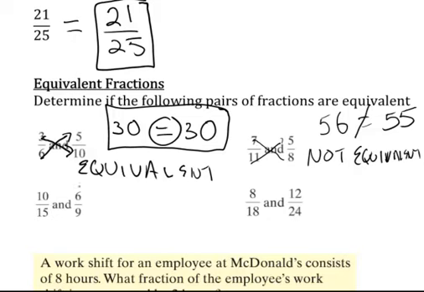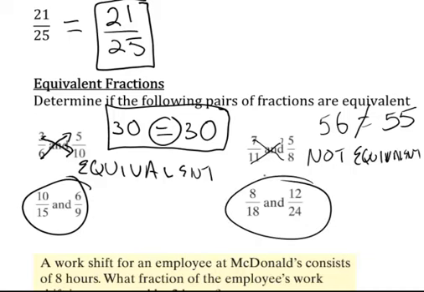I'm going to give you some time to check these two here. Okay, so here, if you multiply 10 times 9, you should get 90. 15 times 6 should also give you 90, which tells me that these two fractions are equivalent.